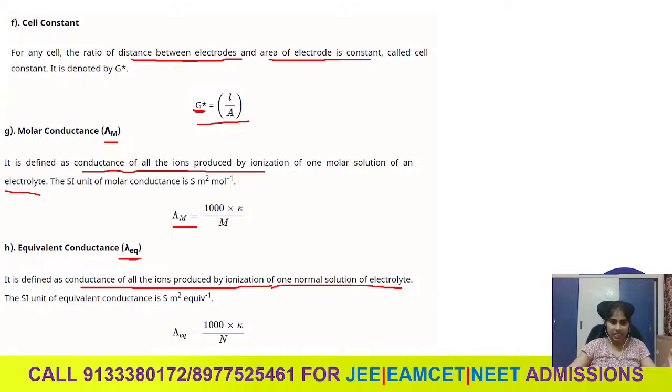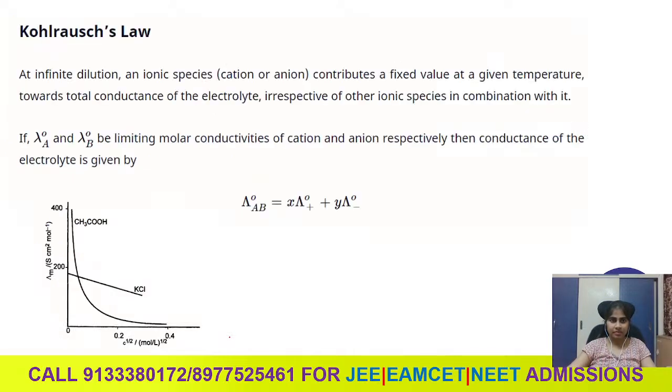It is the conductance produced by the ions of 1 normal solution. So in place of molarity in the above formula we take normality: equivalent conductance is equal to 1000 into specific conductance by N.